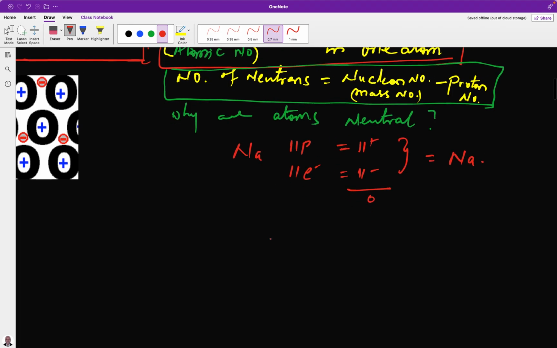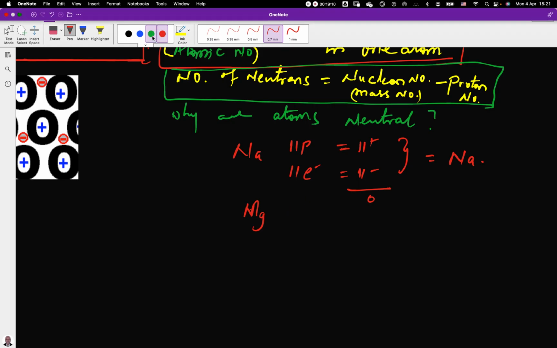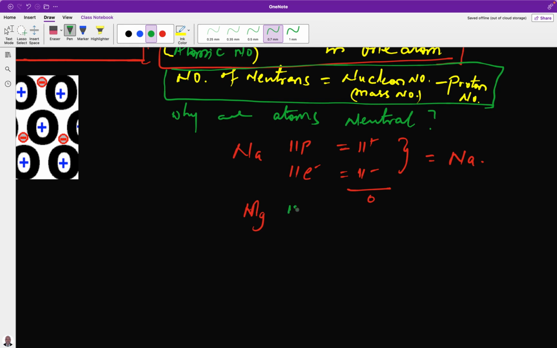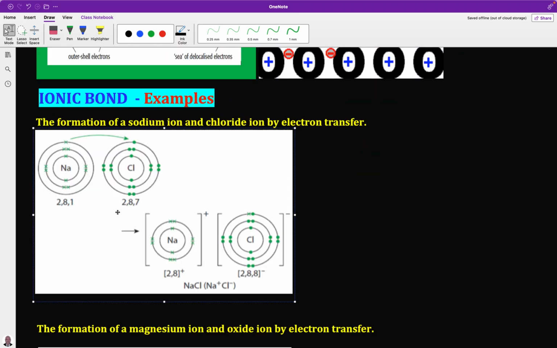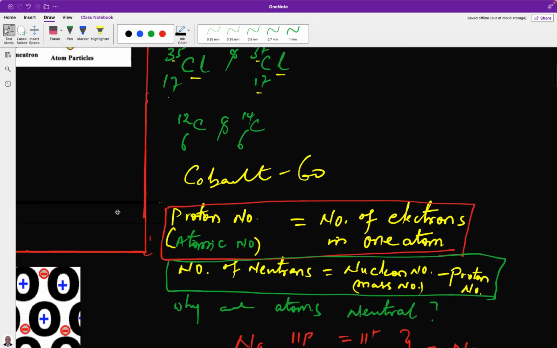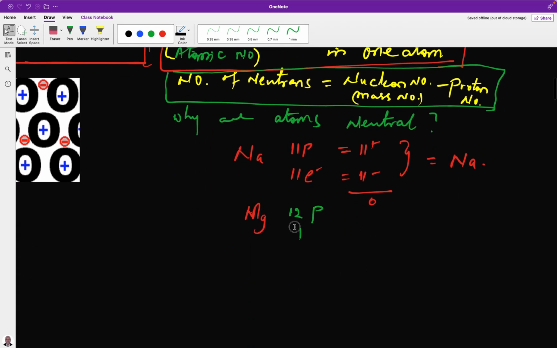The same goes for magnesium. Magnesium has 12 protons and 12 electrons.